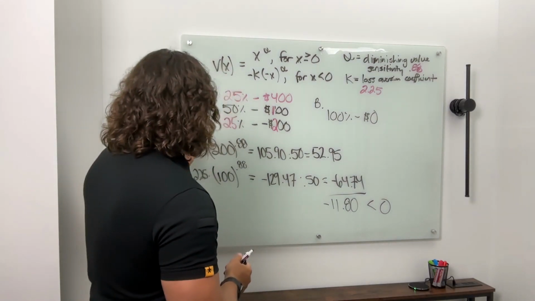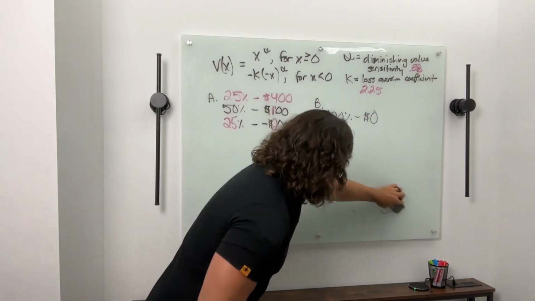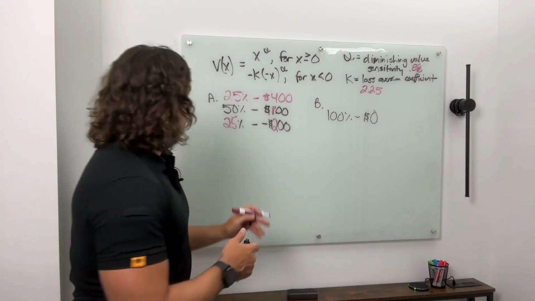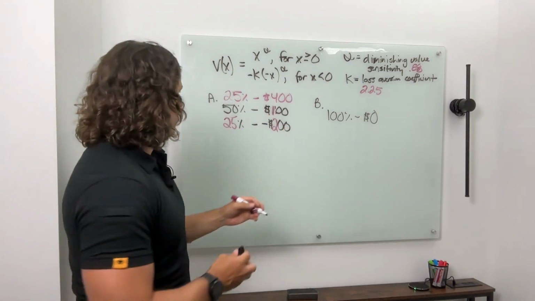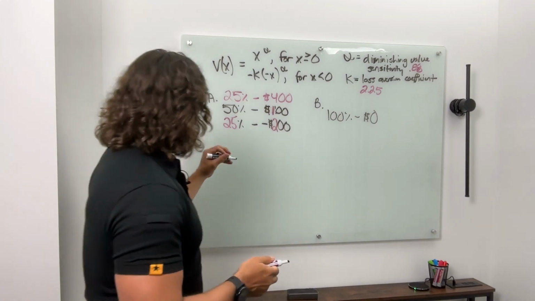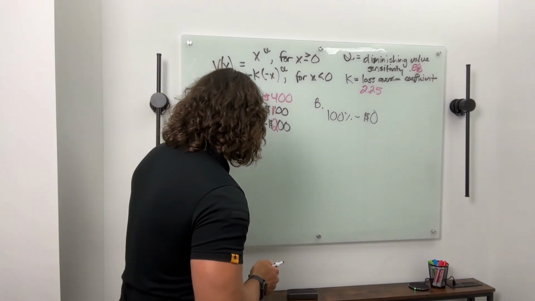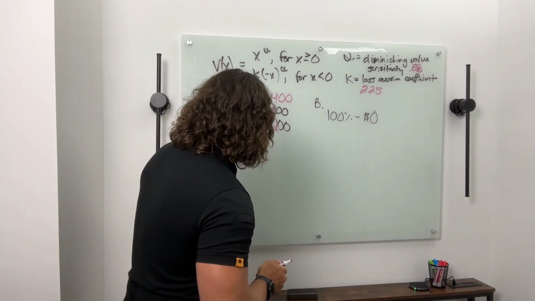So then now we rerun the numbers to determine whether or not this will yield a positive or negative function. I'll go back to the black marker. And for both of these gains, I've got 400 to the 0.88 power.